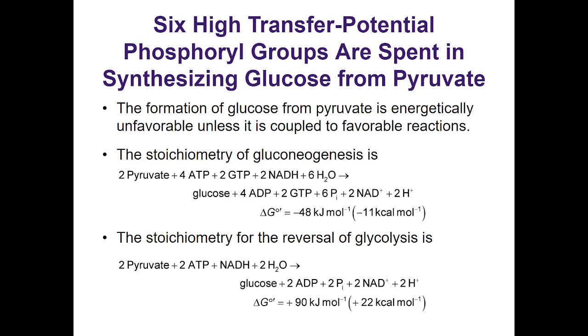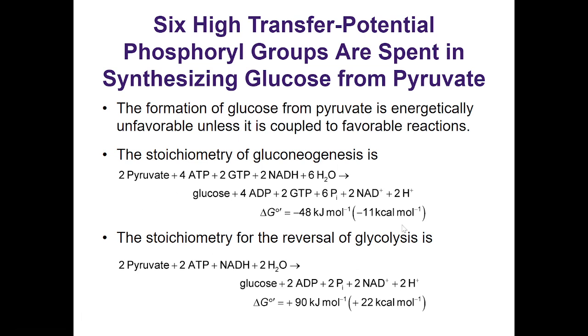If we were to try to do this process, the stoichiometry of gluconeogenesis being this right here, what we can see is that because of the additions of these ATPs, GTPs, and NADHs, the delta G for this overall is negative 48 kilojoules per mole.